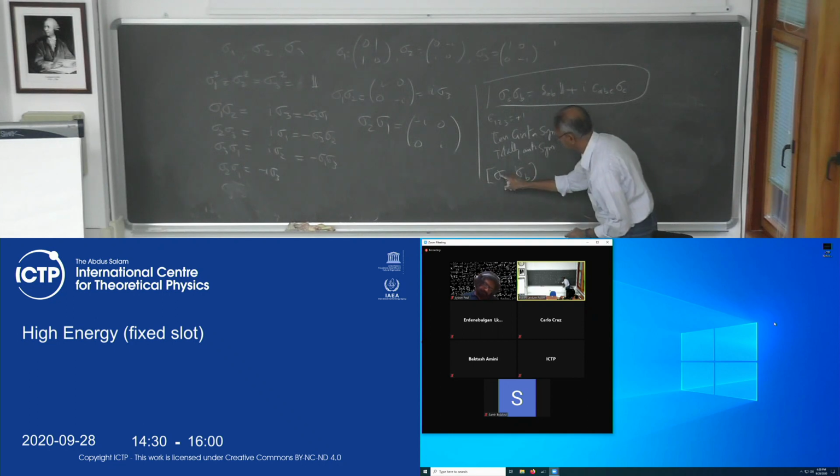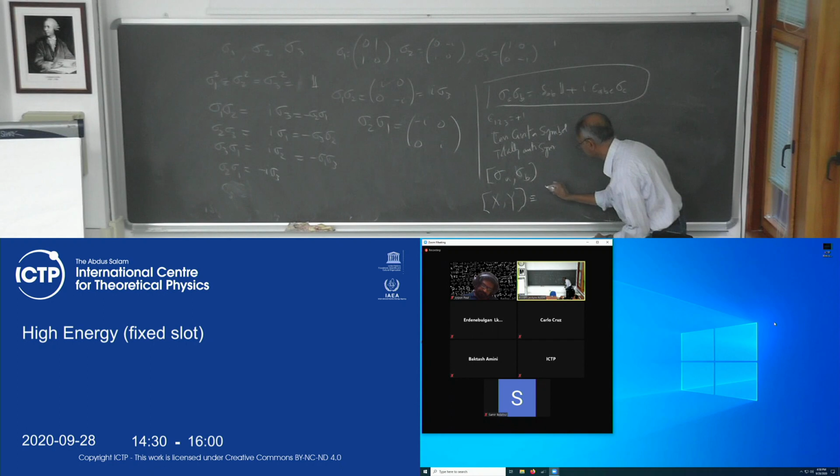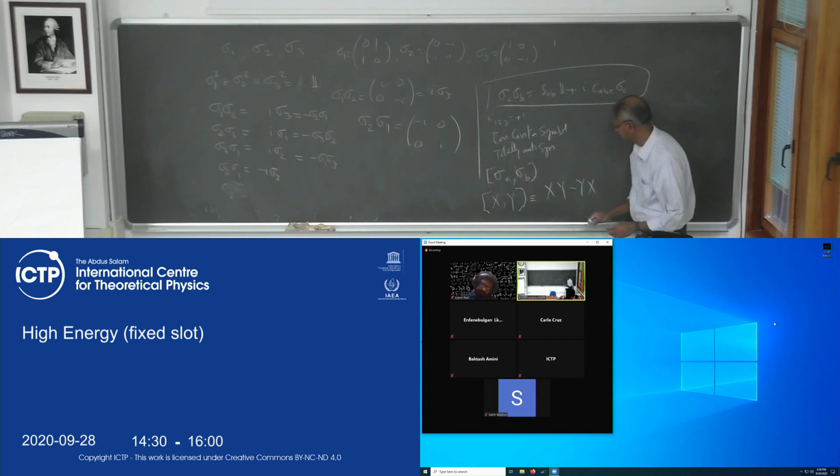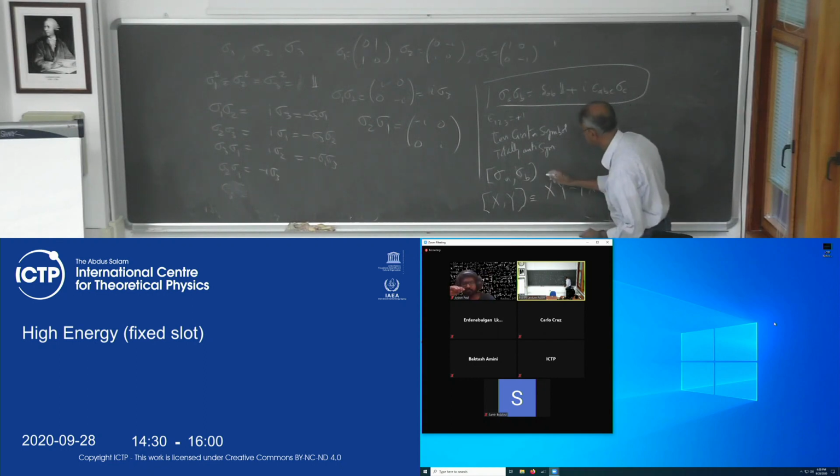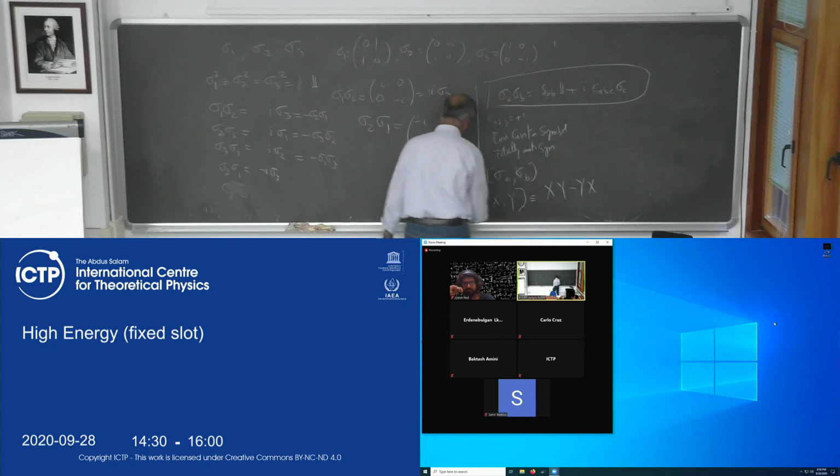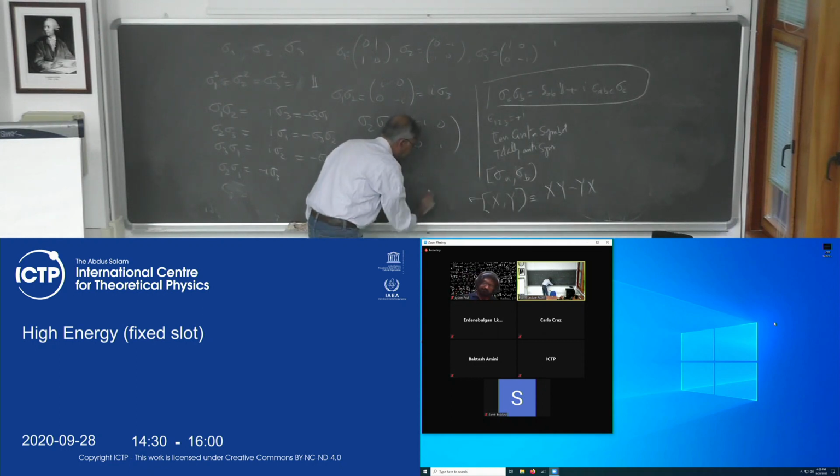In general, a commutator of two matrices, X and Y, is by definition X times Y minus Y times X. This operation is called the commutator.